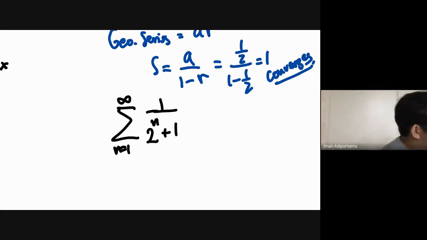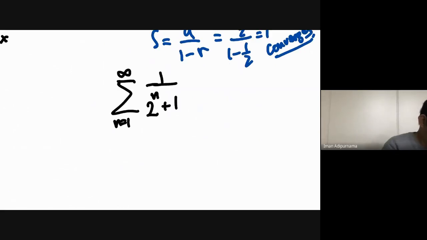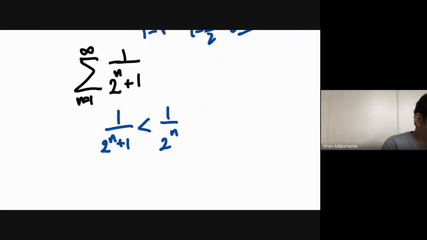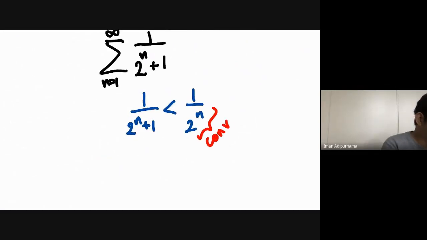Any guess? Converged. You intuitively say it's converged because it's less than before. It's of course less than the previous one. And if the previous one is converged, then this also converges.